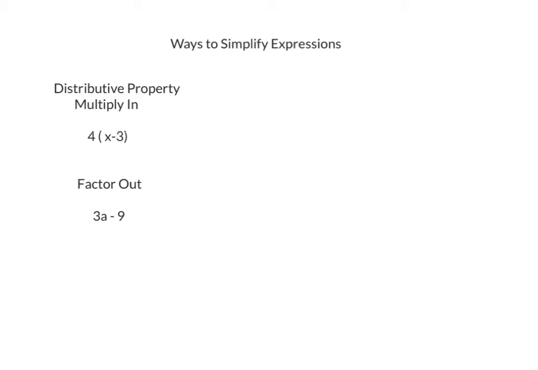We also use the distributive property to simplify expressions. Take a look at my first example. You can multiply in using the distributive property. Which expression would be equal to 4 times the quantity x minus 3? 4 times the quantity x minus 3 was like saying we had 4 of the group x minus 3.